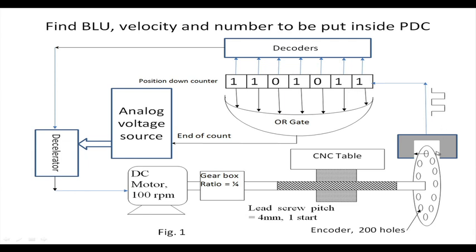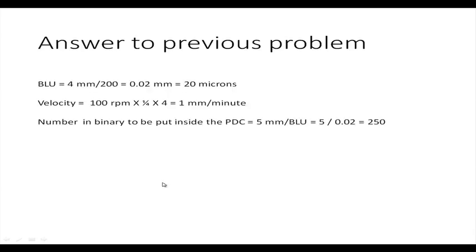After 250 pulses have moved through, this comes to a stop, because end of count will send out 0 and therefore the motor will be stopped from further movement. So, 250 in binary should be put inside the position down counter.